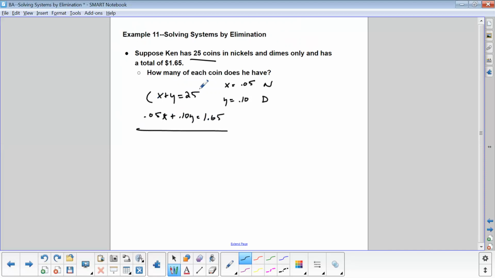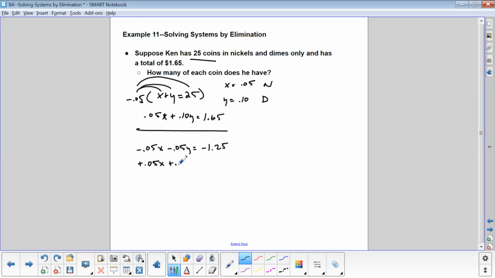So I'm just going to eliminate x again, and I'm going to multiply it by negative 5 hundredths. That'll give me negative 5 hundredths x minus 5 hundredths y equal negative 1 and 25 hundredths. We'll rewrite the second equation.